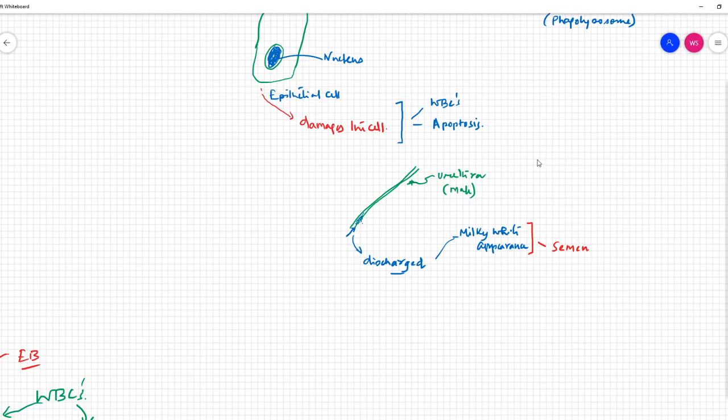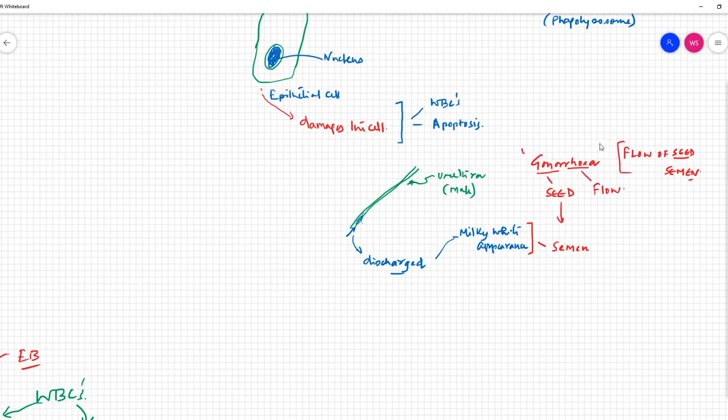If you look at the name, gonorrhea, gonor means seed, referring to the semen. Rhea means flow. So they're telling there is the flow of seed, or the flow of semen. That is how the name, in fact, has come about.